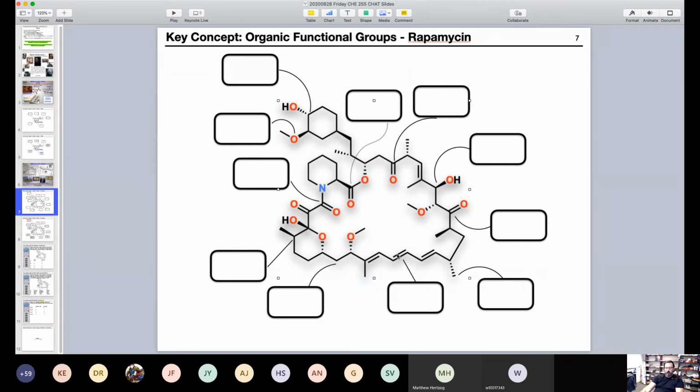So moving now, we have a carbon-carbon double bond. So we would call this what? So yeah, it's an alkene.